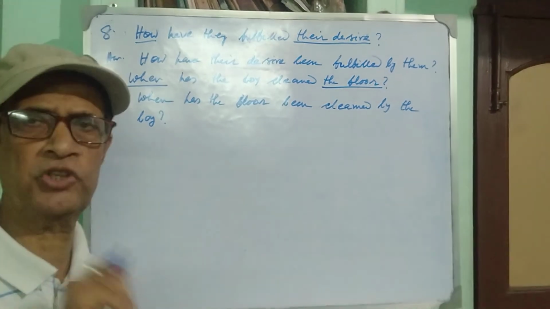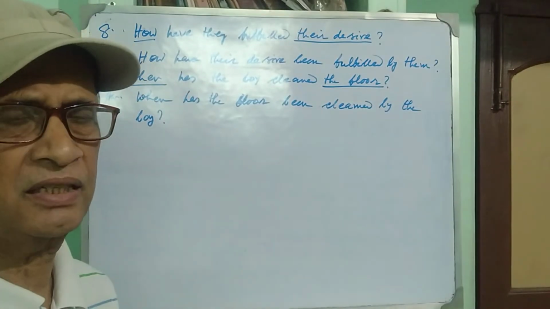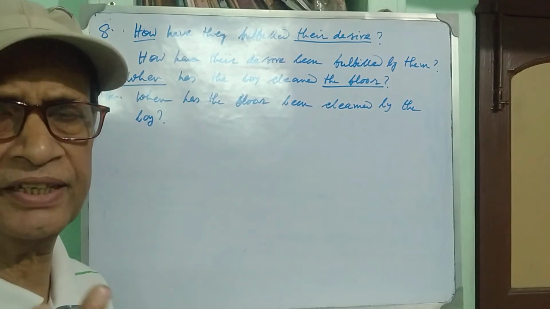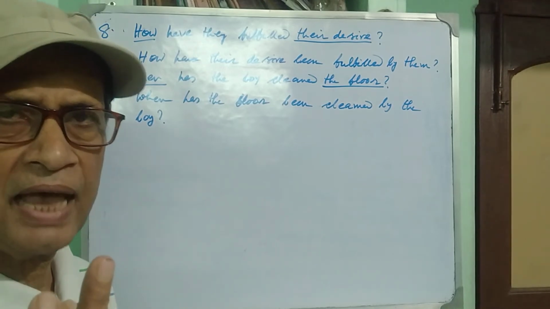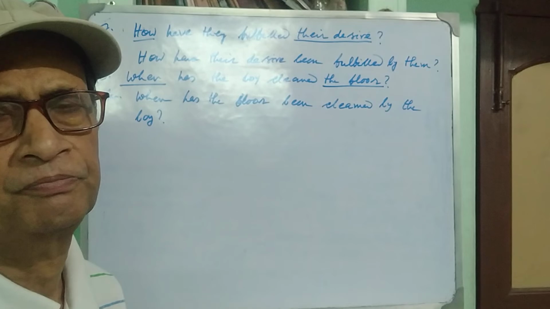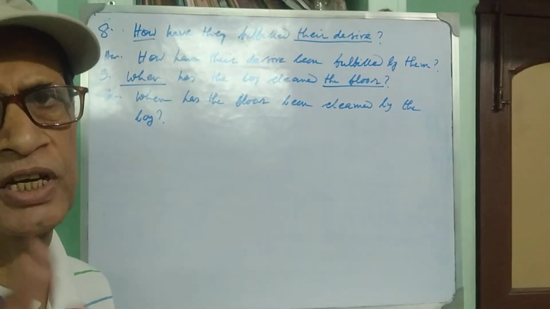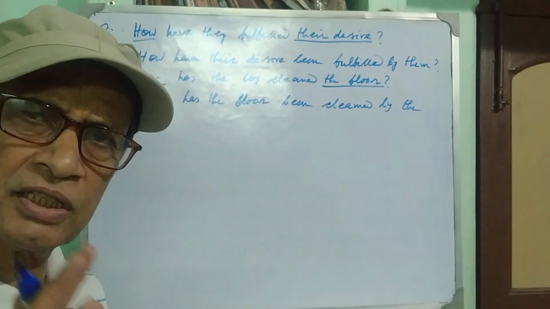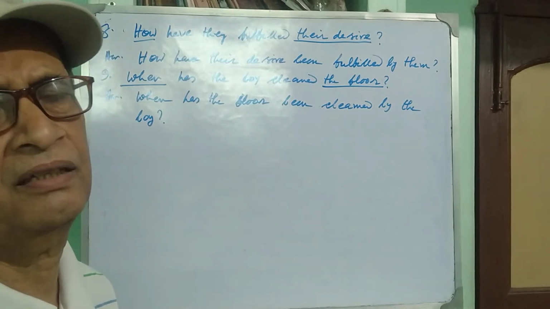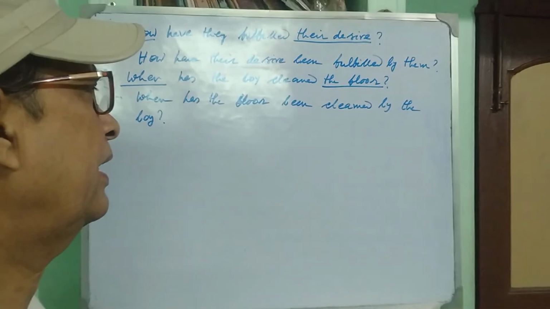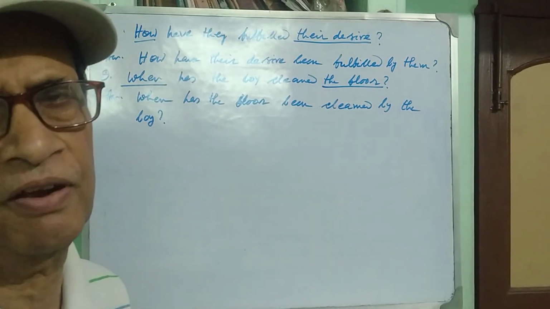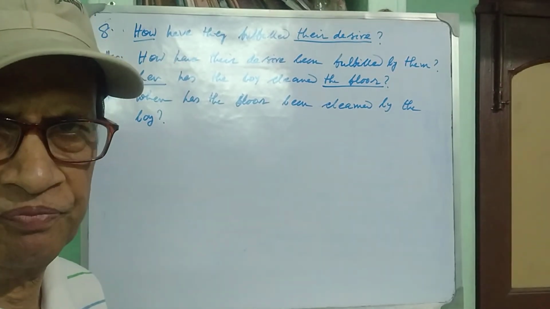So let us come to the conclusion. At the time of changing a sentence from active to passive in the present perfect tense, you will have to pick up the object first, and the object becomes the subject, and according to the subject there will be has been or have been, then the past participle of the verb, and then by plus object and adverbs and adverbials, etc. So there is no problem.